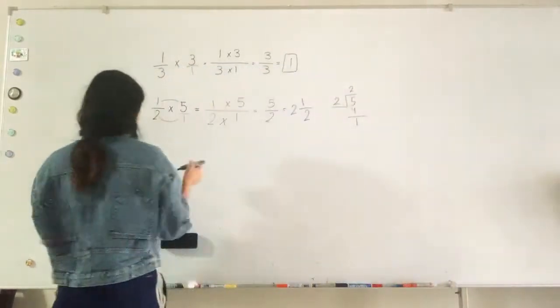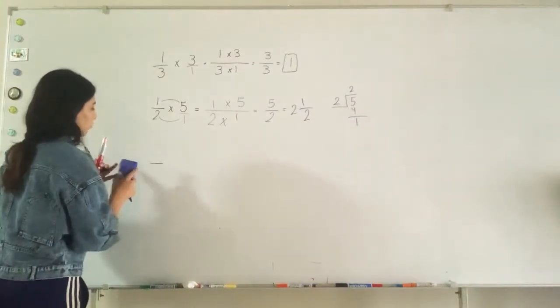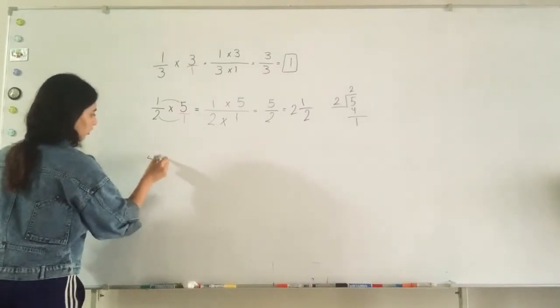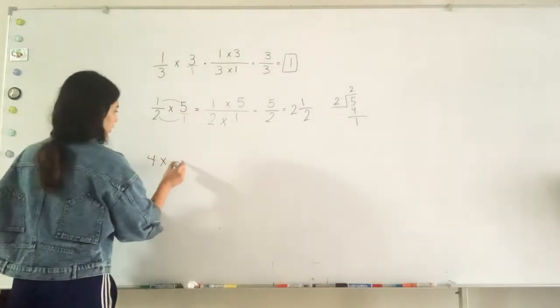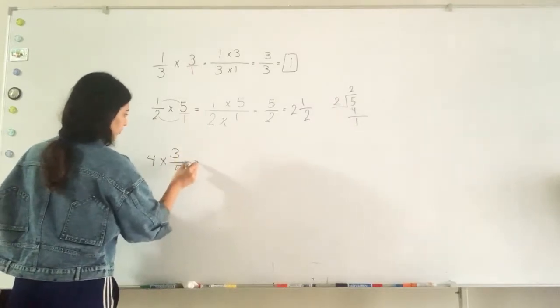So let's do another example. For example, let's do it the opposite way. We have 4 times 30 over 50. Okay.